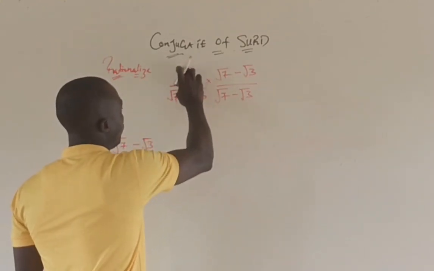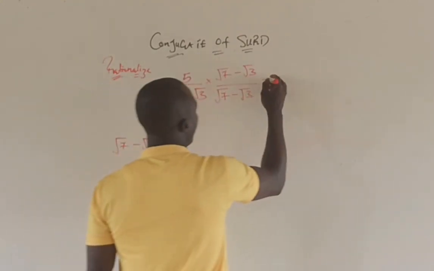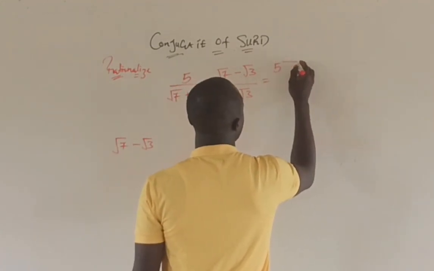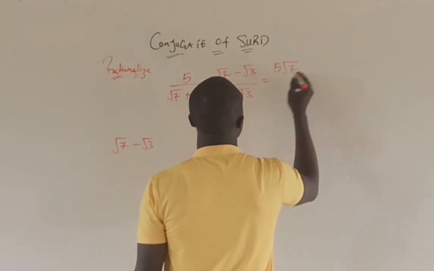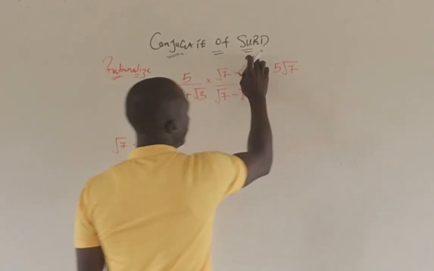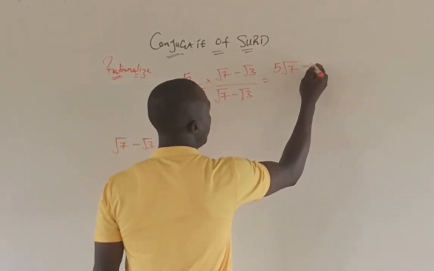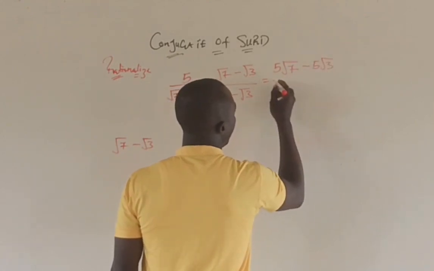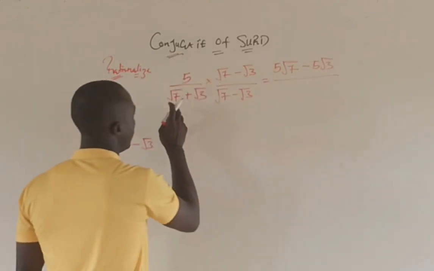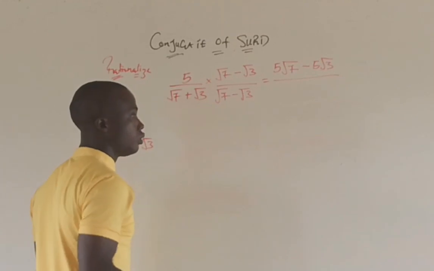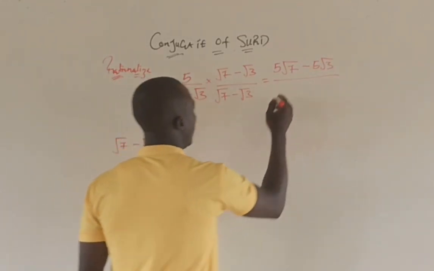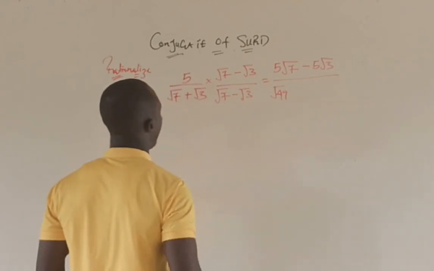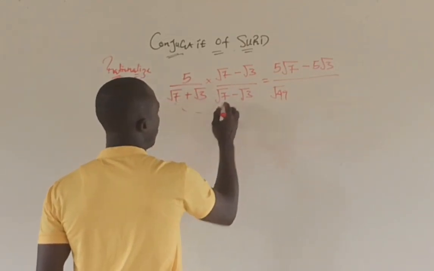Now in this, 5 times root 7 will give us 5 root 7. 5 times root 3 will give us minus 5 root 3, divided by root 7 times root 7, which will give us root 49. That's this to this.